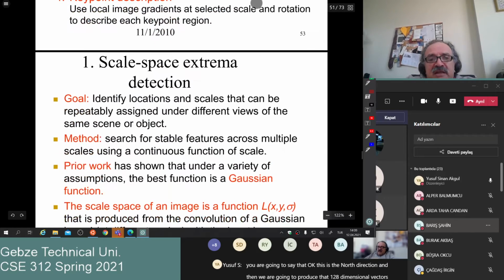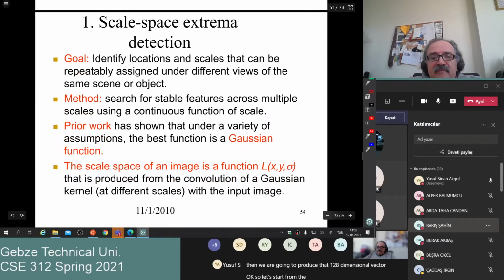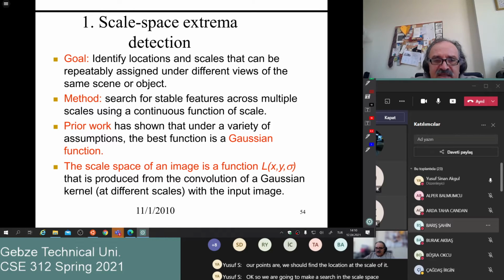So let's start from the scale space extrema detection. The goal here is to identify locations and scales that can be repeatedly assigned under different views. So whatever the image is, whatever the lighting conditions are, wherever our points are, we should find the location and the scale of it. So we are going to make a search in the scale space, and this is what we mean.